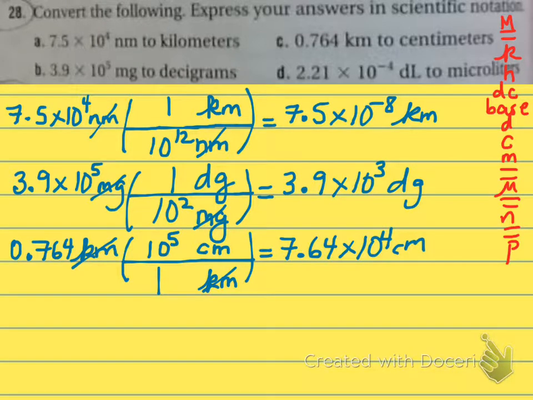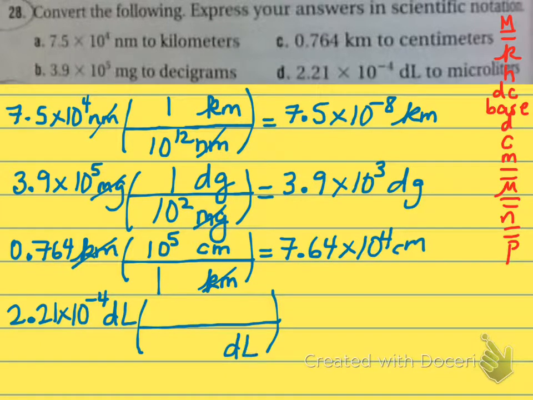And our last one is 2.21 times 10 to the negative 4th deciliters. We want to convert it to microliters, so deciliters goes in the bottom or in the denominator, and we're going to microliters, which will go in the numerator.